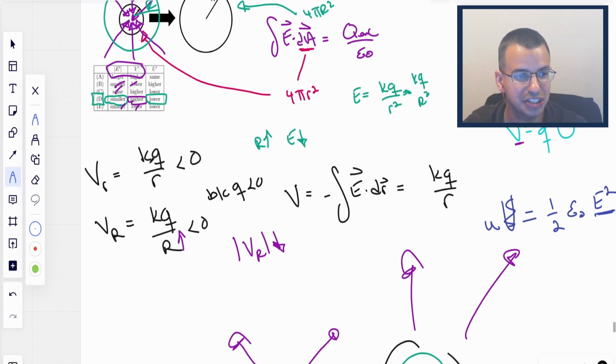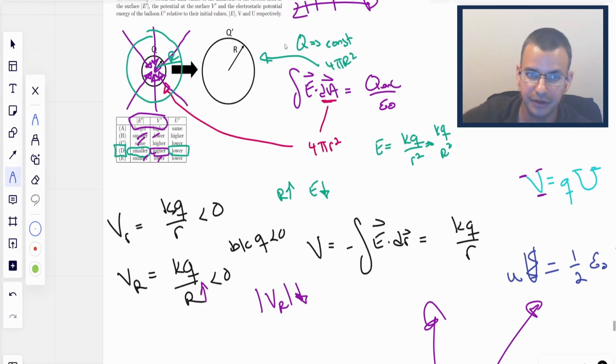The electric potential is higher because you have a negative value with the magnitude getting smaller, meaning it's going closer to 0, and the voltage is actually rising. And then the potential energy is lower because we're basically truncating a portion of the electric field. And when we lose that electric field, we lose the energy associated with it.